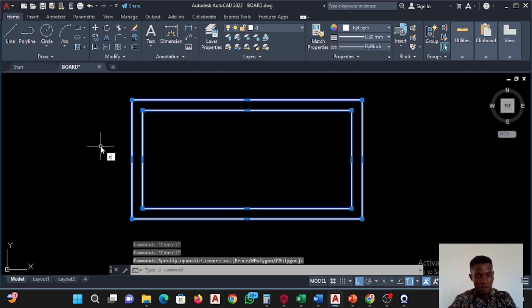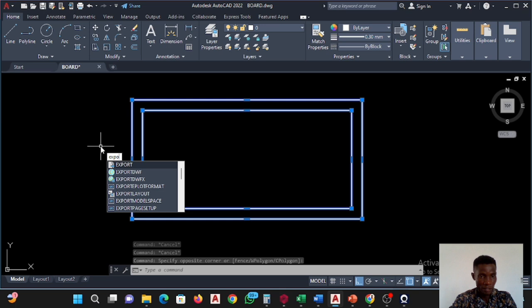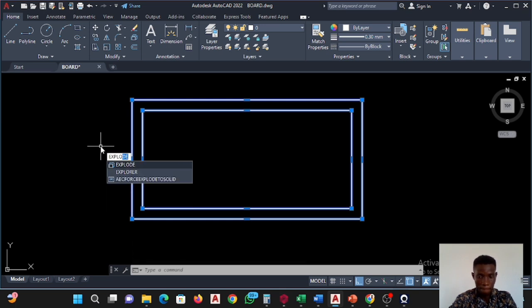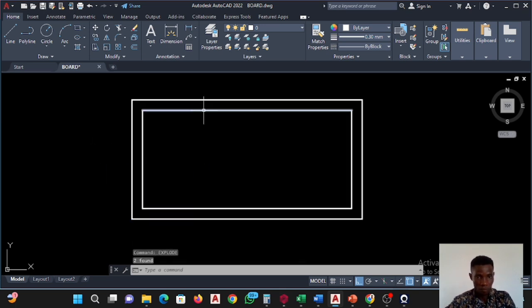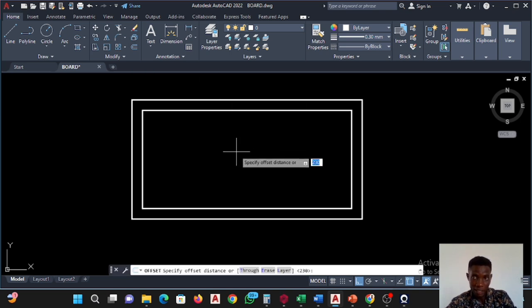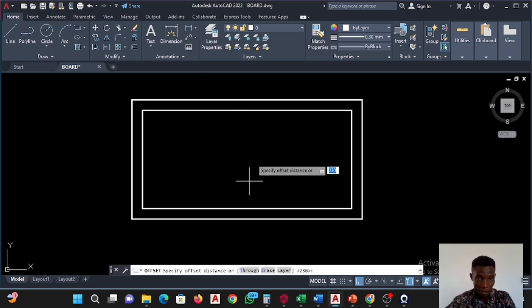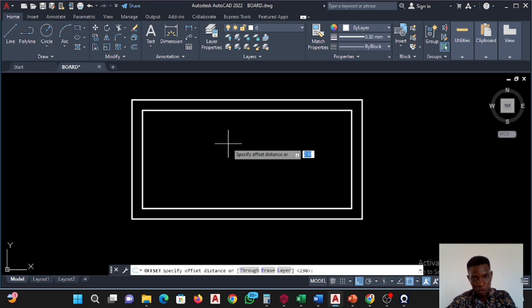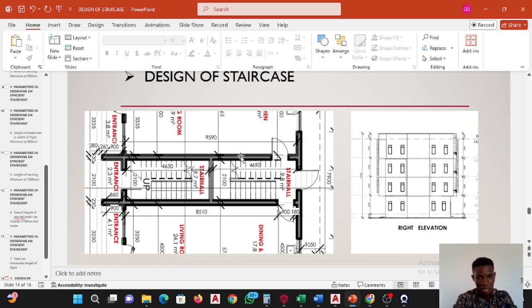Let's explode everything. Okay, now let me offset and split my flight. So we just have an open space now. The first thing I'm going to do is to split this open space into two flights, because from the architectural design you can see we have two flights, right?